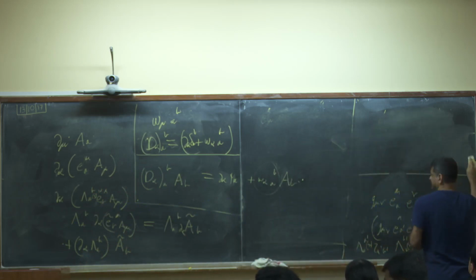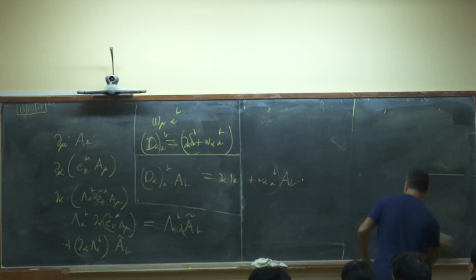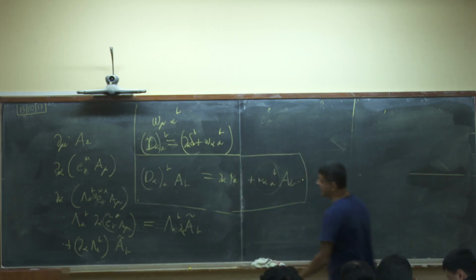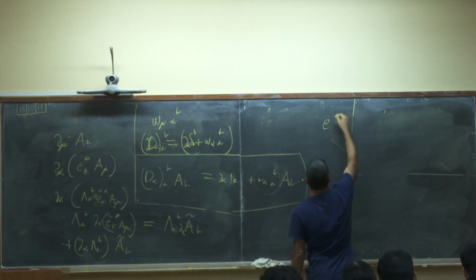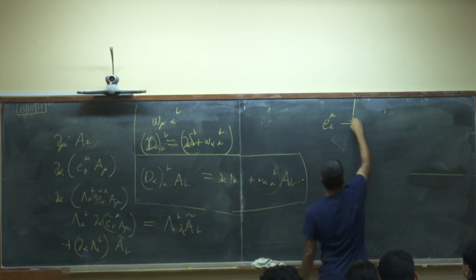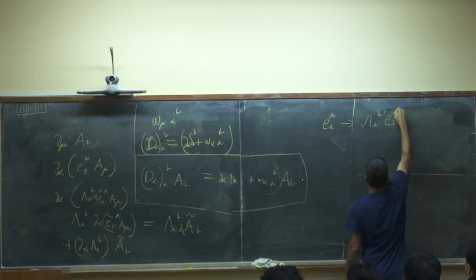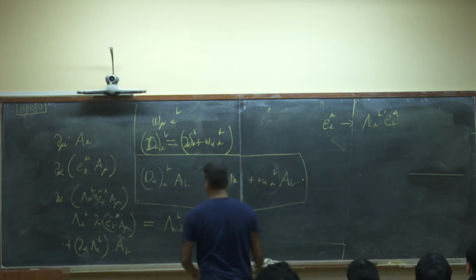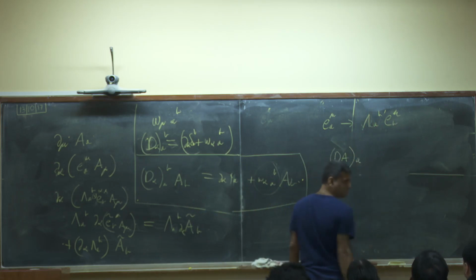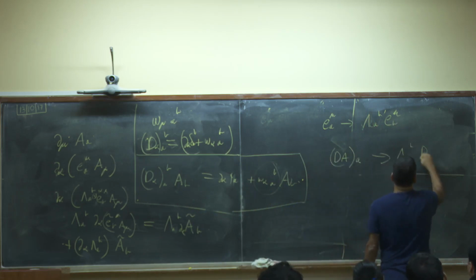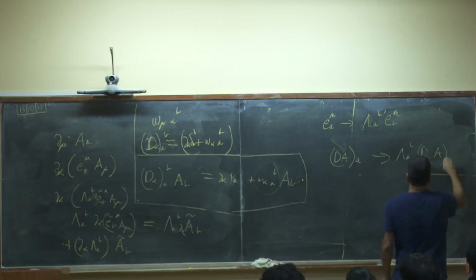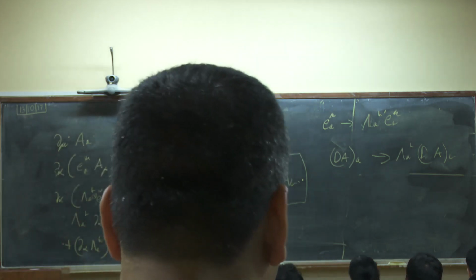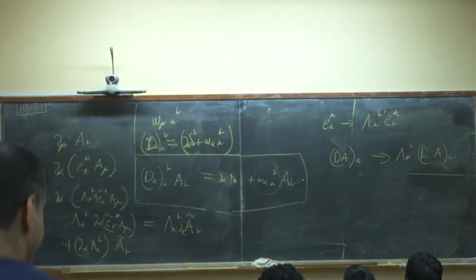What we want of this definition, okay, is that under E A mu goes to lambda A B E B mu, where lambda equals lambda A B of mu, we want D A to go to lambda A B D B. That is the thing we want.